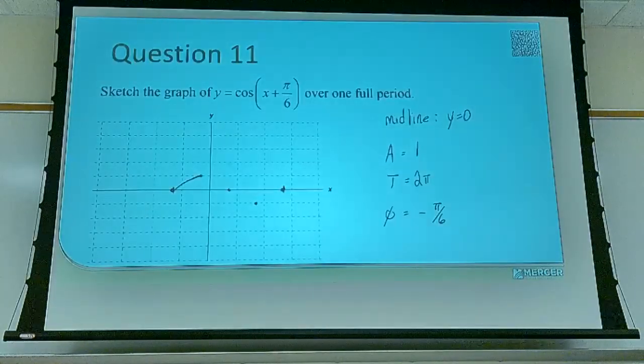Where's it going to cross? What is cosine of pi over 6? From the unit circle, cosine of pi over 6.